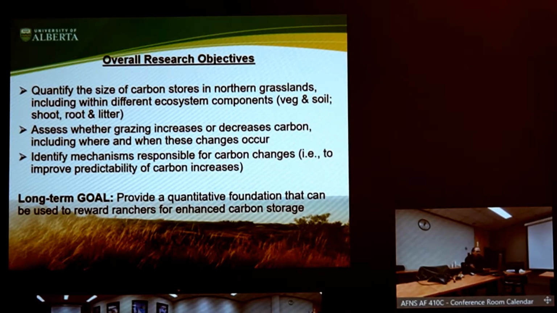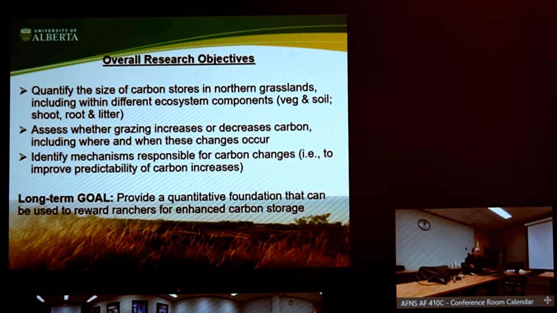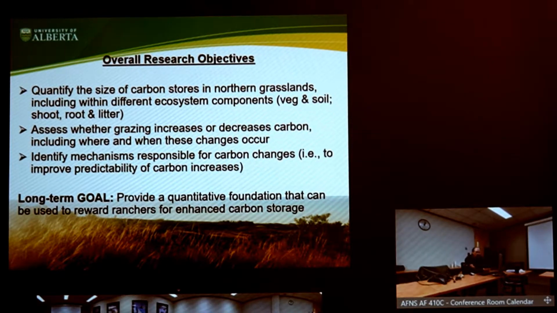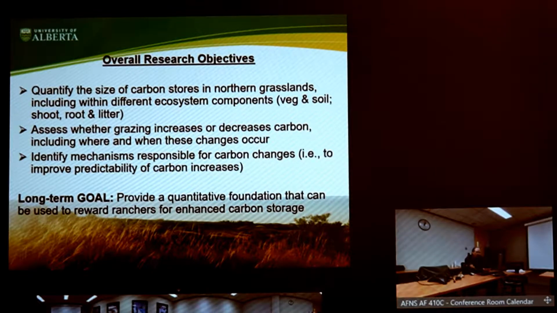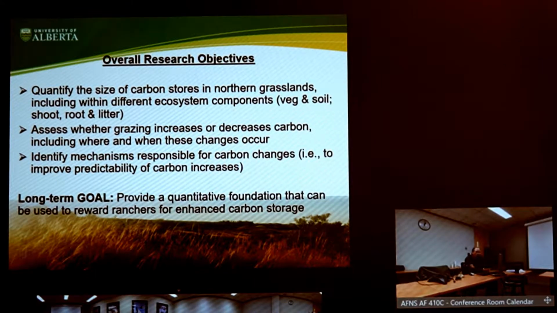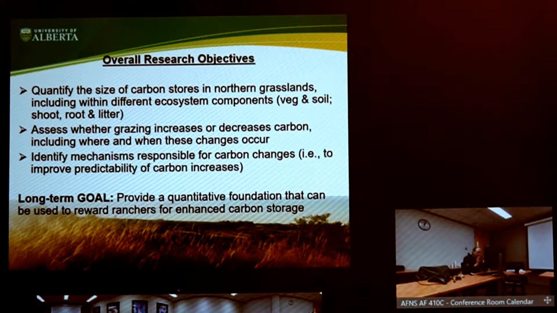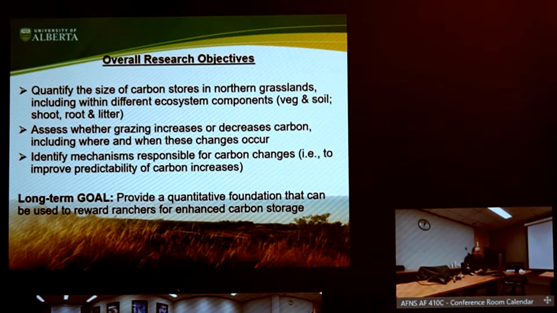And ultimately, if we can identify the mechanisms responsible for determining and predicting where, when, and how soil carbon might change, that in theory should provide a foundation for policymakers to develop incentives to reward ranchers for maintaining and hopefully increasing soil carbon storage. So that's been the overarching goal that we've been driving towards over the last close to 10 years now. Not quite, but close.